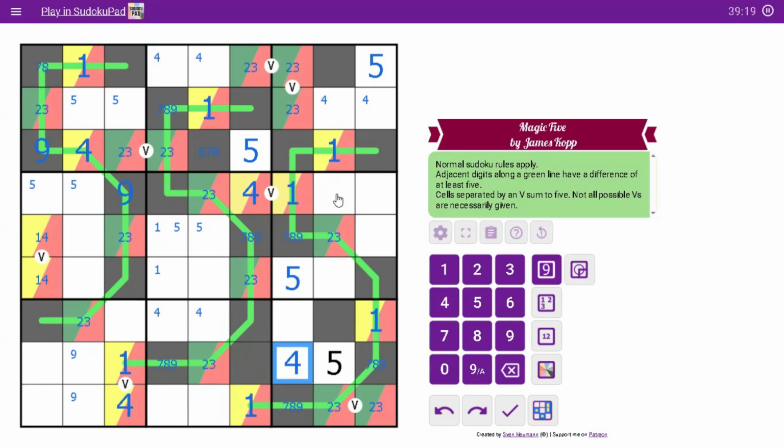Does the nine do anything? Maybe. In one of those two positions. Yeah, 6, 7, 8. It's a 7, 8, or 9.